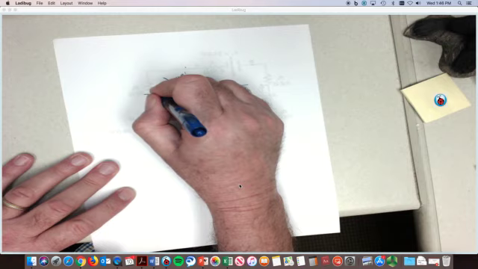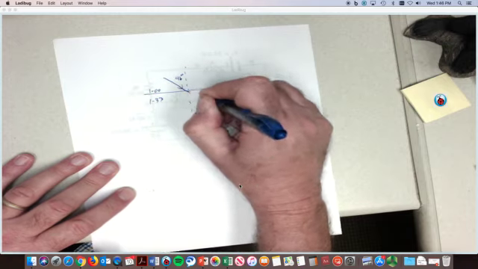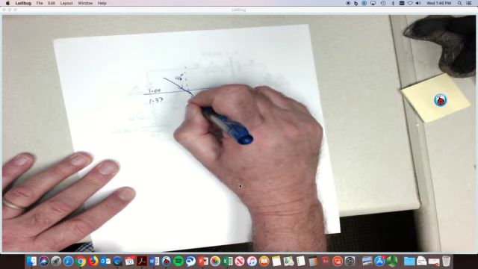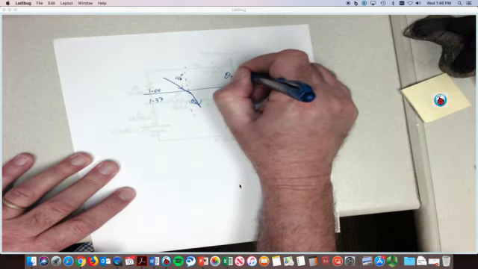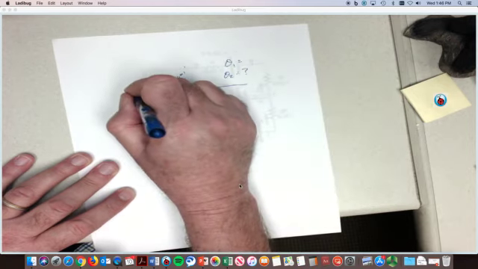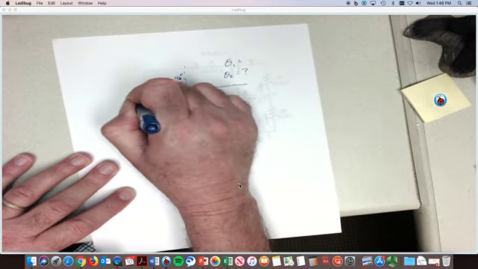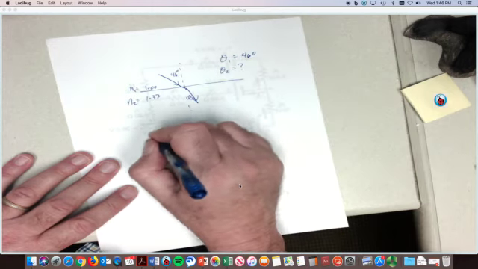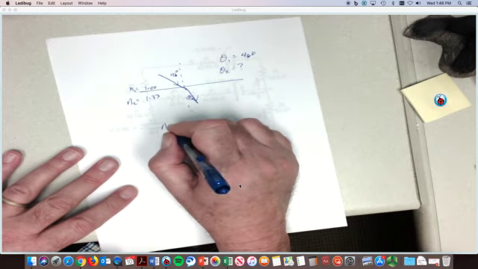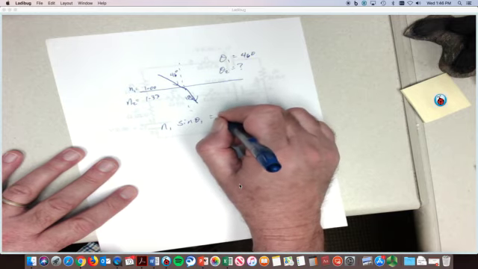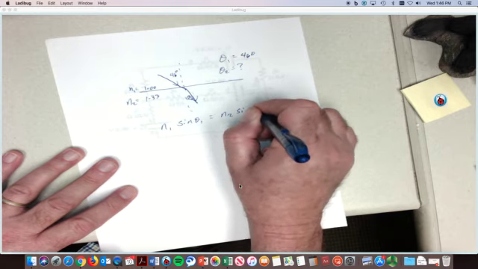This is 1.00, 1.33, so it's going to bend towards the normal. I need to find theta 2, if theta 1 is equal to 46 degrees, and N1 and N2 are as given. Snell's law says N1 sine theta 1 is equal to N2 sine theta 2.